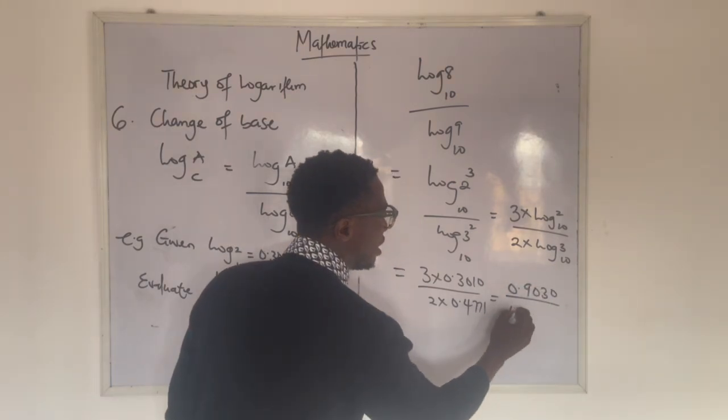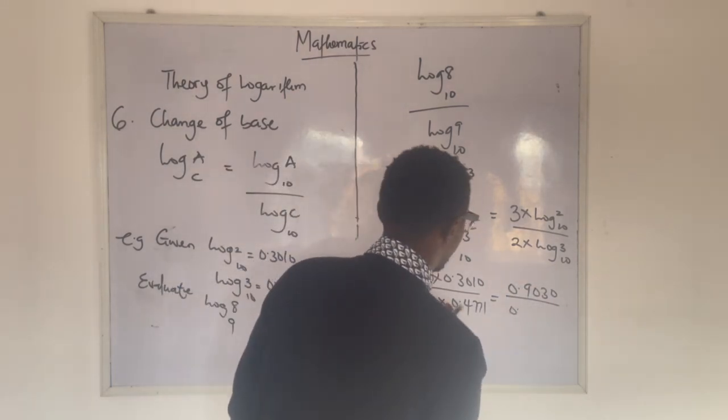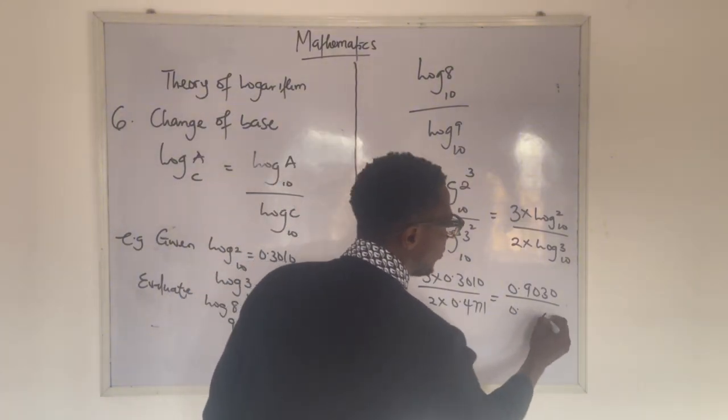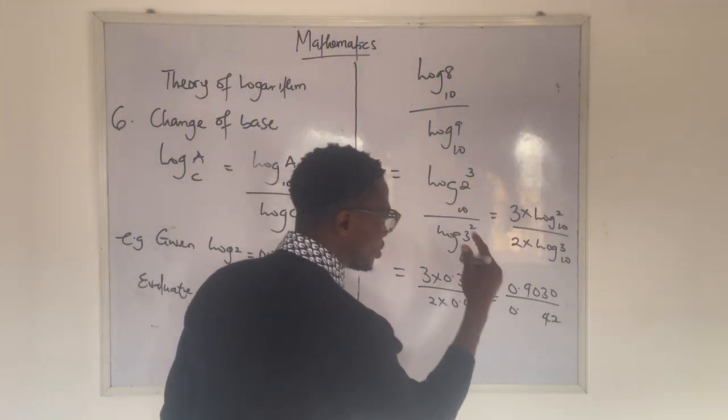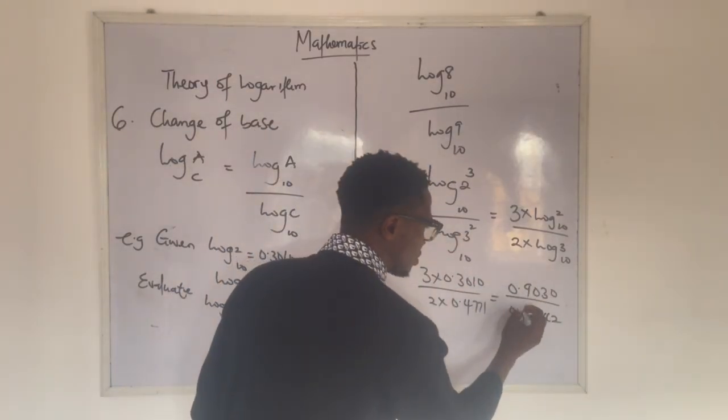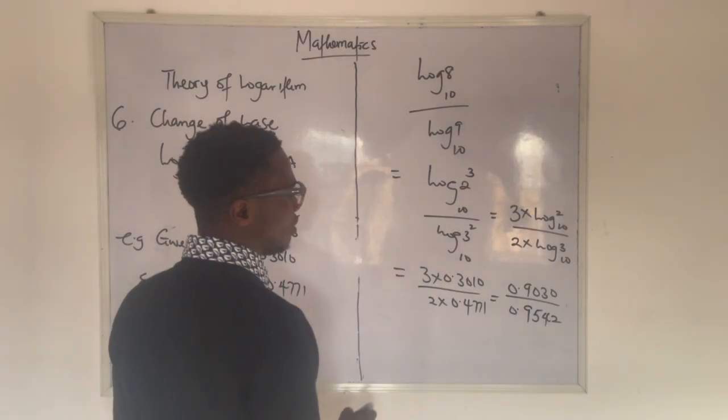0.9030 over, what? 2 times 1, that's 2. 2 times 7, that's 14, 4 carry 1. 2 times 7, 14 plus that one, 15. So carry 1. 2 times this, that's 8 plus that one, that's 9. So are we together?